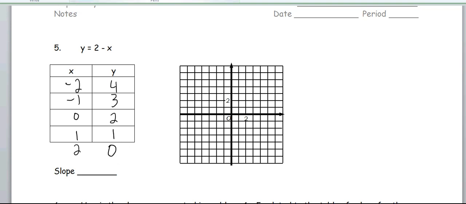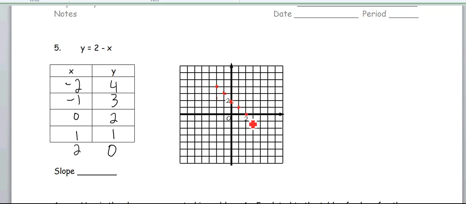Let me go ahead and change the color of my ink. Negative 2, 1, 2, 3, 4. Negative 1, 3, 0, 2.